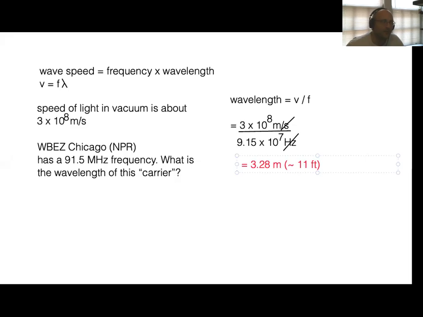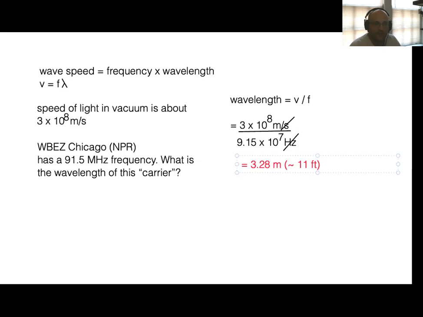So when we say things like radio waves are relatively low frequency and relatively long wavelength, yeah, millions and millions of cycles per second sounds like a lot, but that's a really low frequency compared to other electromagnetic waves like visible light and infrared and ultraviolet and gamma and X-rays and so on. And the wavelength for radio is very, very long.